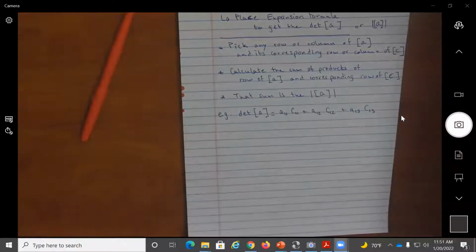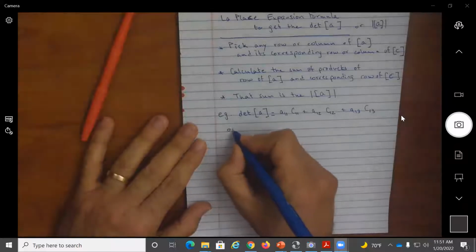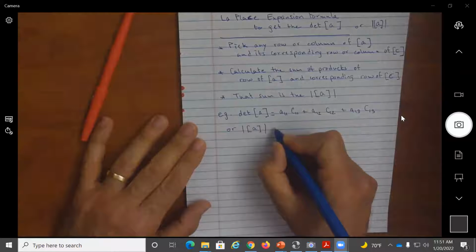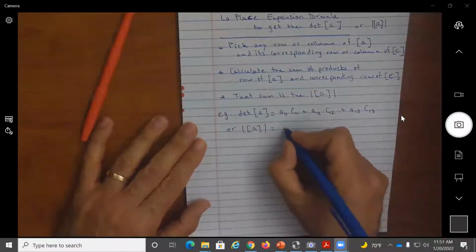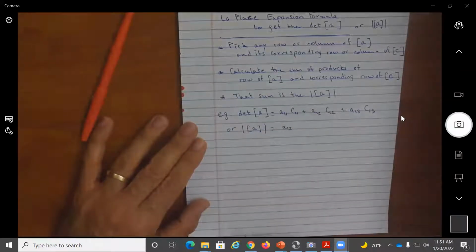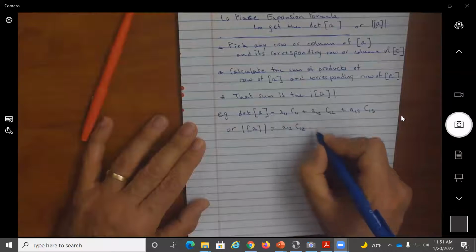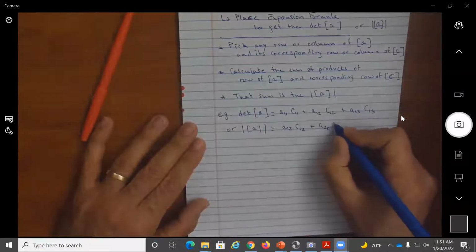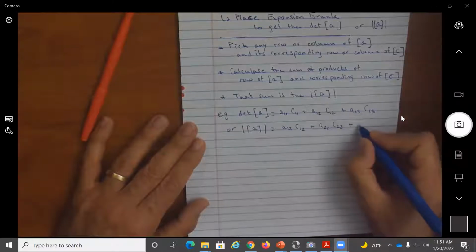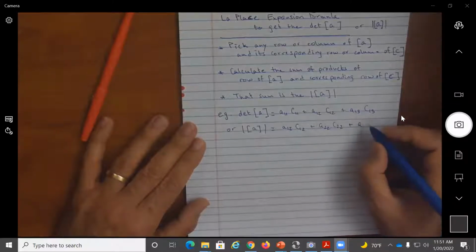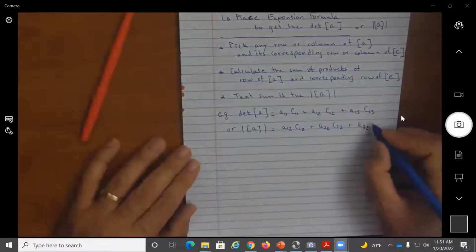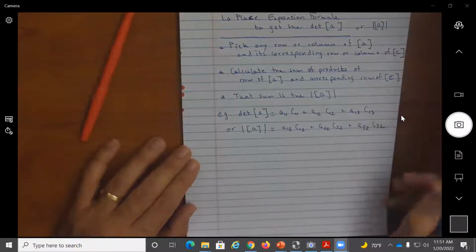Or I can pick, for example, the second column. So I can find the determinant of A by picking the second column and say A12 times C12 plus A22 times C22 plus A32 times C32.